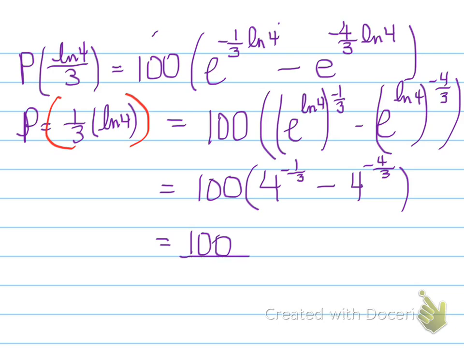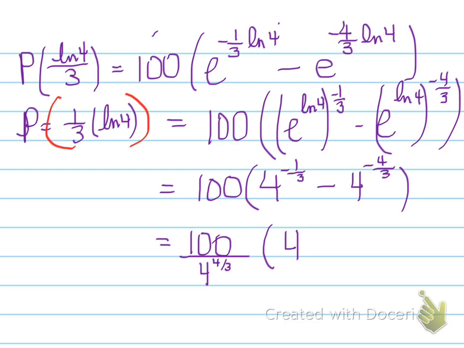So 100 over 4 to the 4/3 on the bottom times 4 to the power of, now let's look at this, negative 1/3 minus negative 4/3.